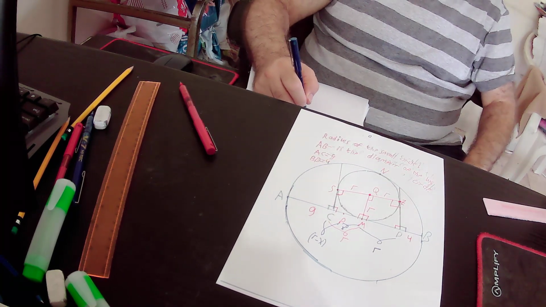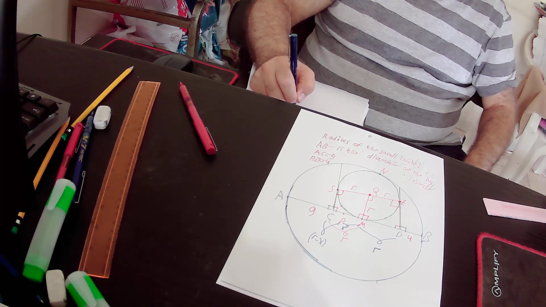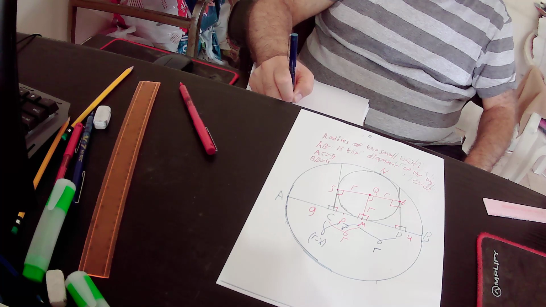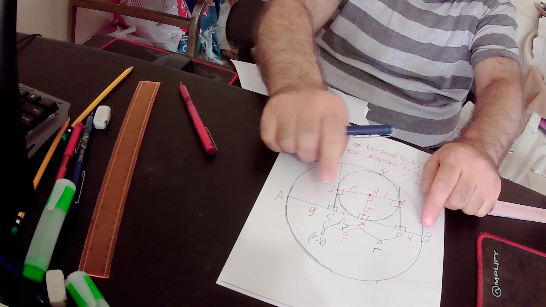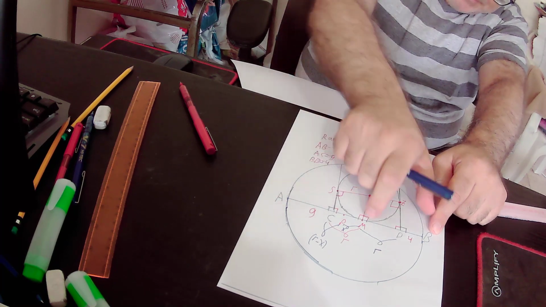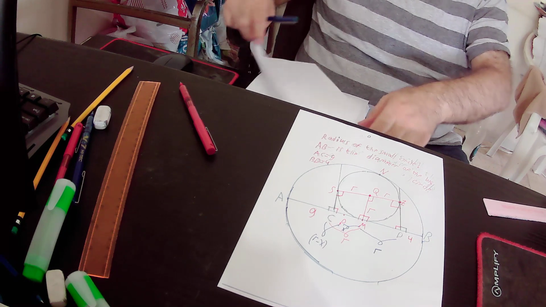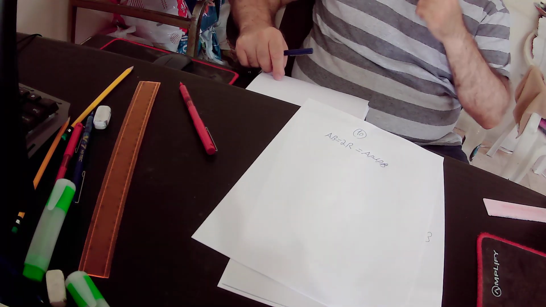Okay, from the drawing we can see that AB equals AP plus PB.